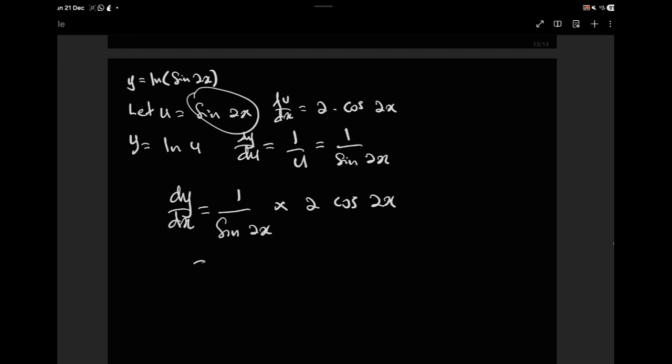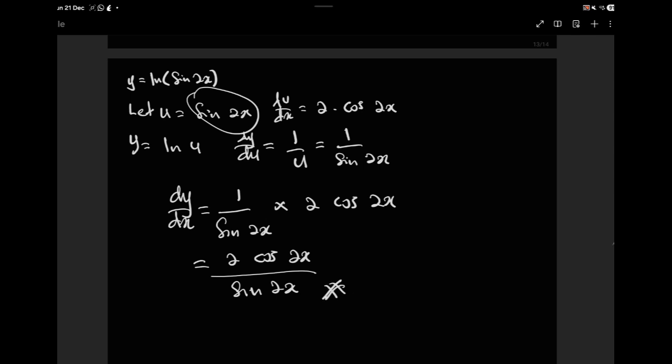So this is equal to 2 cos 2x over sine 2x. Basically, if you calculate it, you can put this as the final answer.